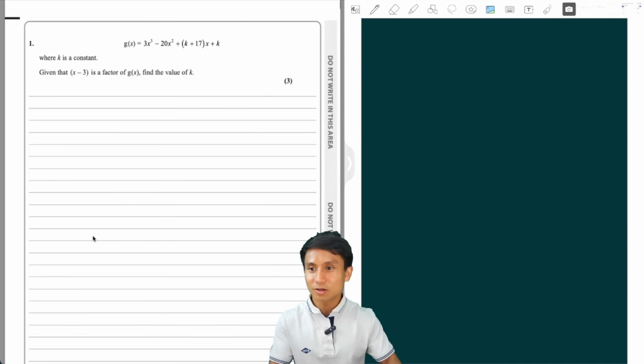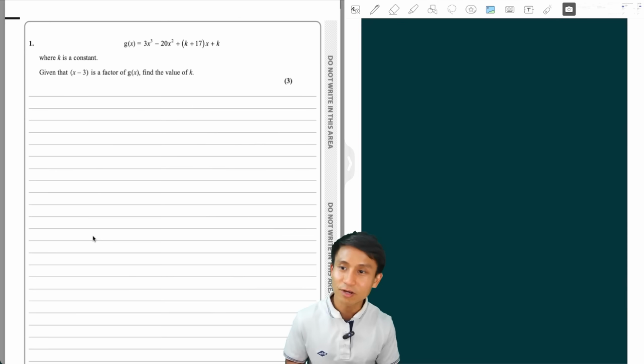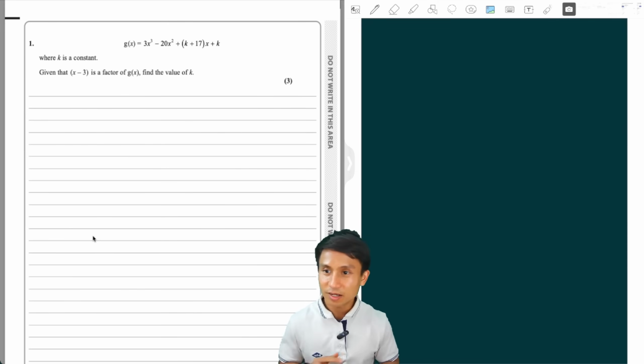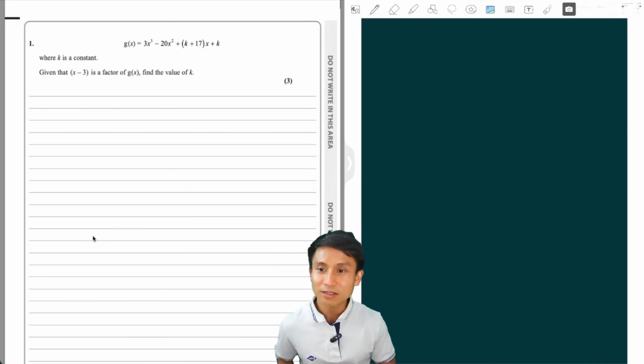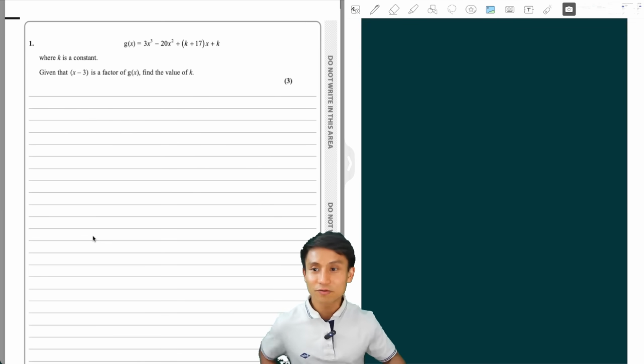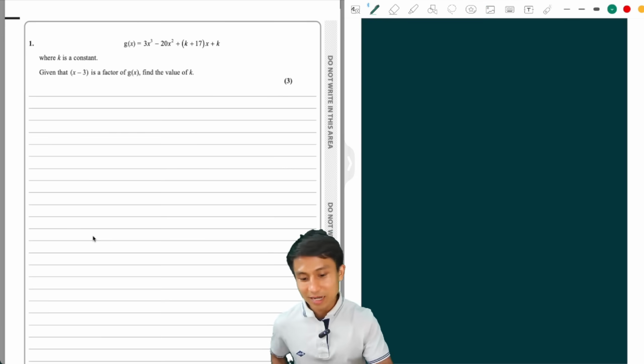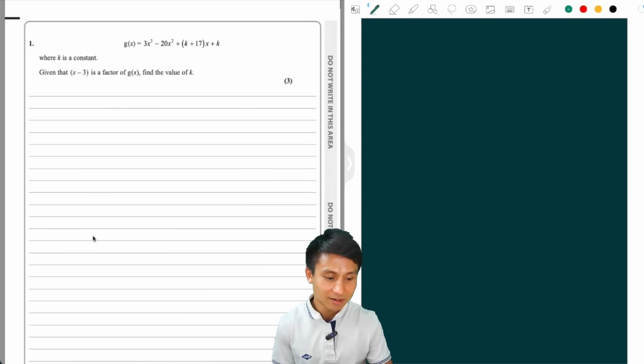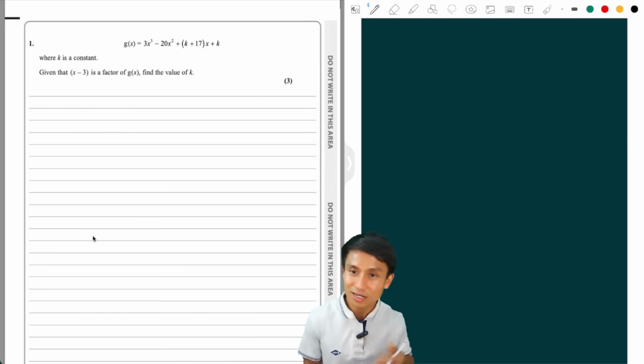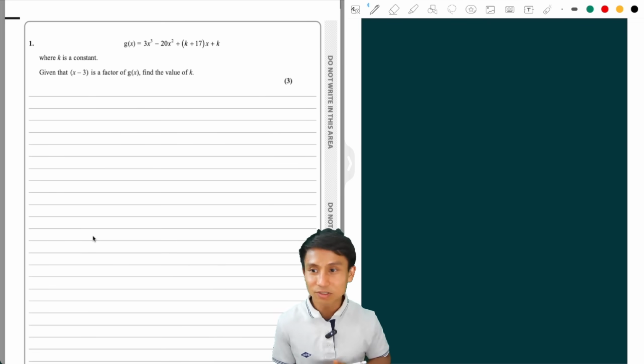First question. This function g(x) is a cubic polynomial function, where k is a constant. Given that x minus 3 is a factor of g(x), find the value of k. This is actually kind of easy, probably one of the questions where you have to nail it and make no silly mistakes.